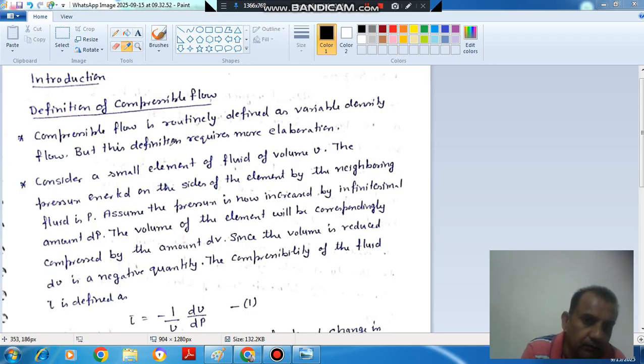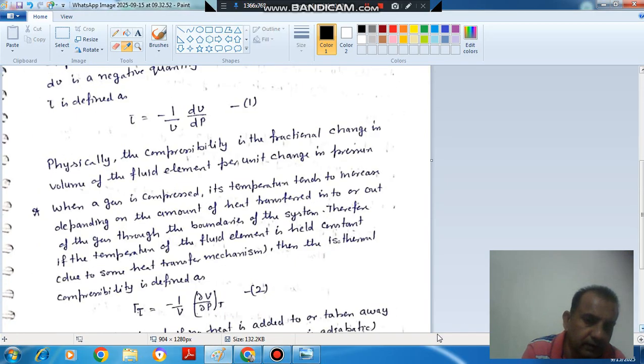The exact definition of compressible flow or compressibility is the fractional change of volume with respect to pressure. The negative of the fractional change of volume with respect to pressure is your compressibility. When this fractional change in volume takes place at constant temperature, it is called isothermal compressibility.